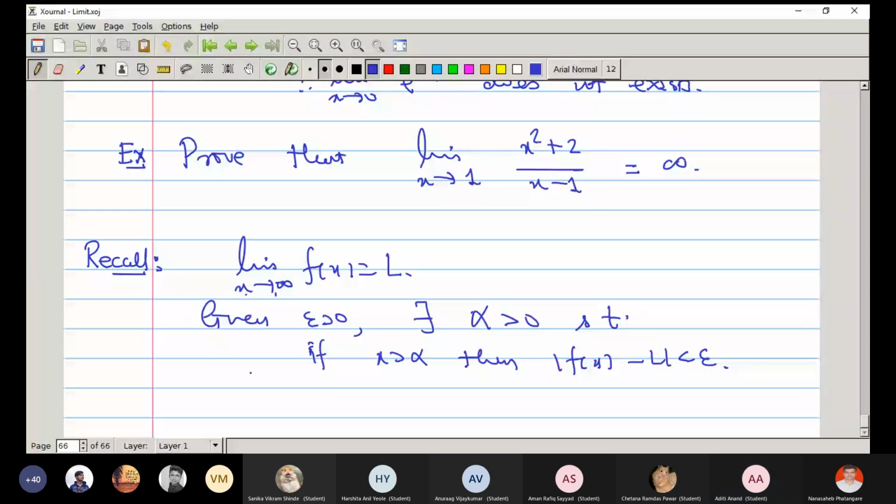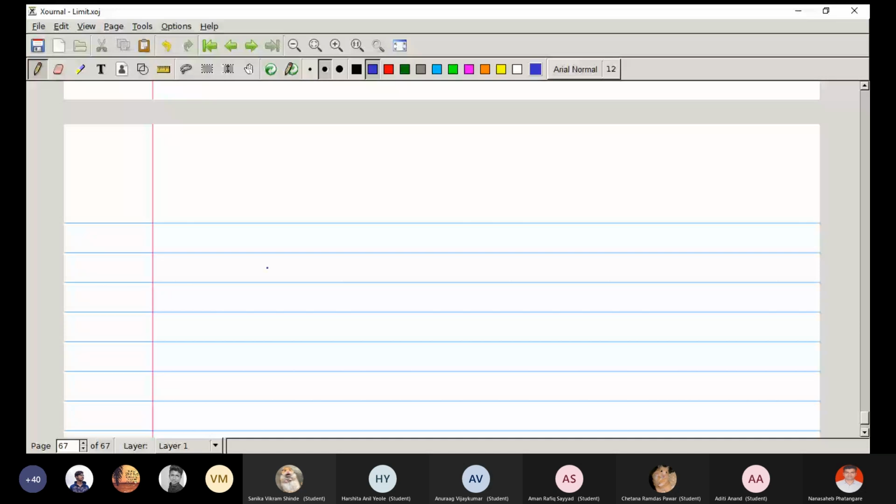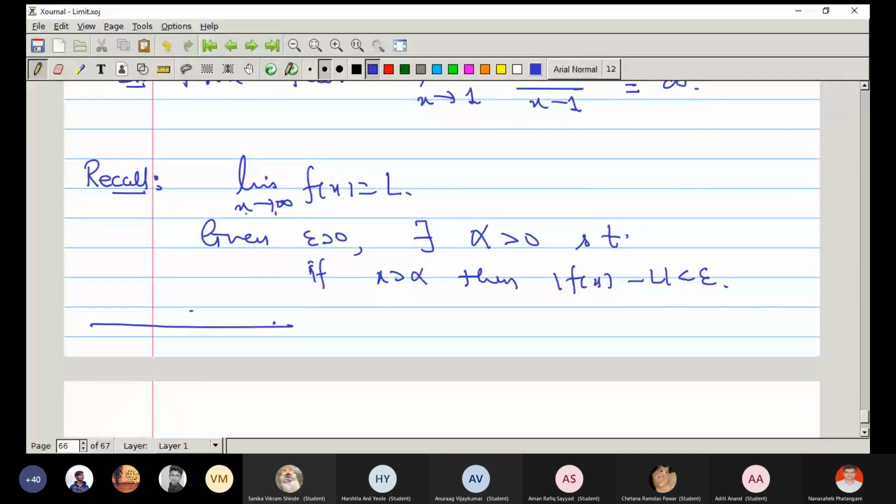Right. So please ask if you have any doubt. Because x approaches infinity, what is the neighborhood of infinity? So x greater than alpha. Everything greater than alpha, you can say is a neighborhood of infinity. And the limit is L. So as x approaches towards infinity, the limit is some number L, which means f of x is in the epsilon neighborhood of L. That's it.